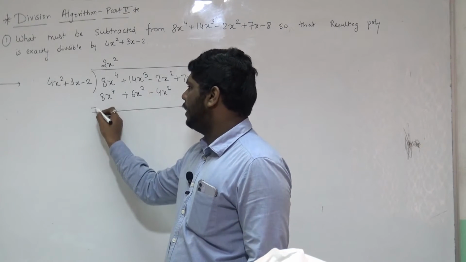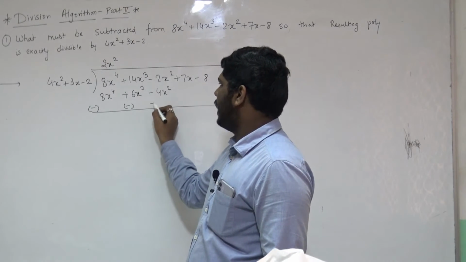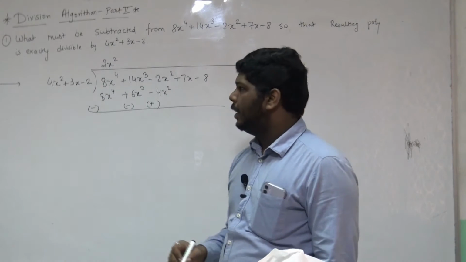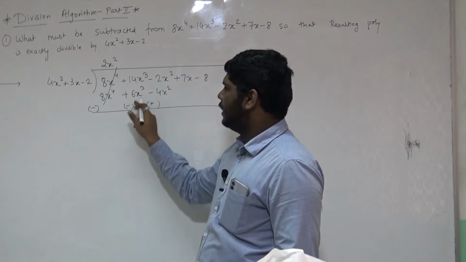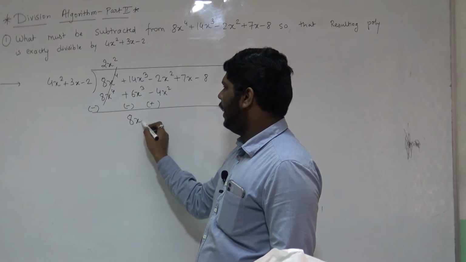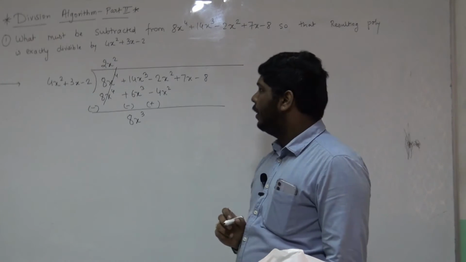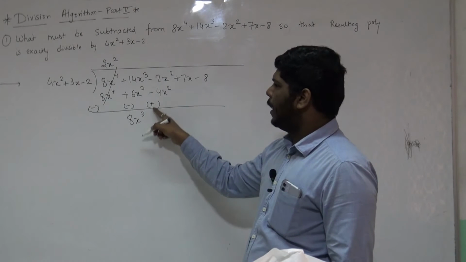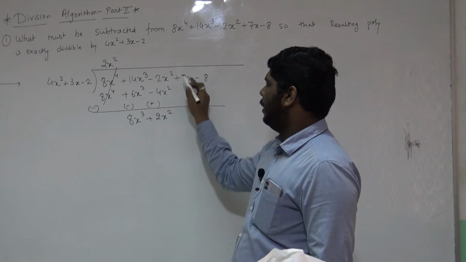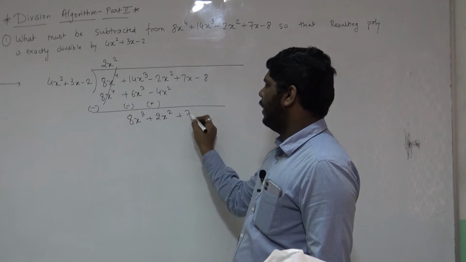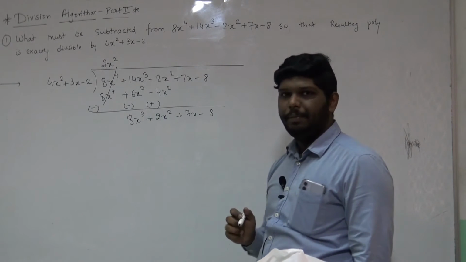So change of sign, this will become minus, minus and plus, correct? So here 8 minus 8, 0, and 14 minus 6 is 8x cube, right? Here we have minus 2 plus 4, which will give you plus 2x square, and remaining terms as it is. So plus 7x and minus 8.